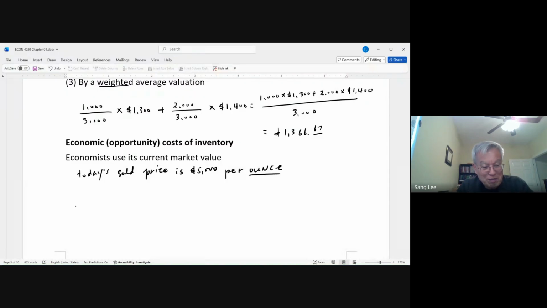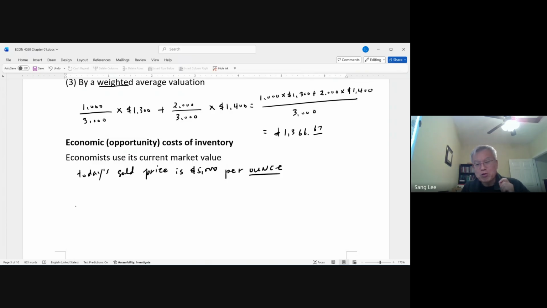Today's gold price in the market is $5,000 per ounce. So what does that mean? Regardless of what price you paid for gold in the past, the true cost, the true value of gold is its market value today.